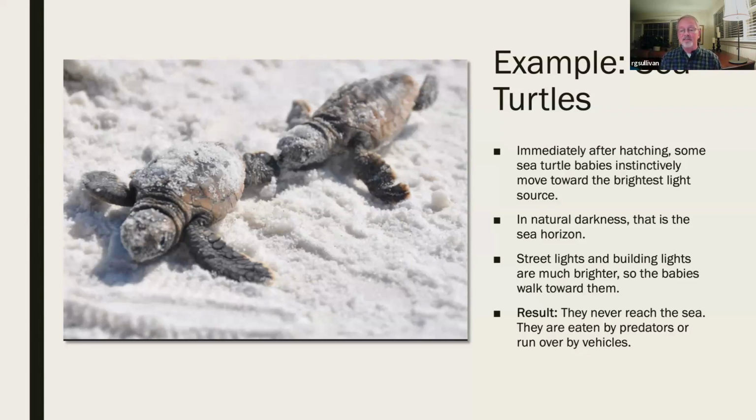And that, of course, then means they're not going to the sea. They either tend to walk around in haphazard directions, or they will go toward a bright enough light and sometimes get hit by a car or eaten by predators. And it can have a pretty serious effect on sea turtle survivability.